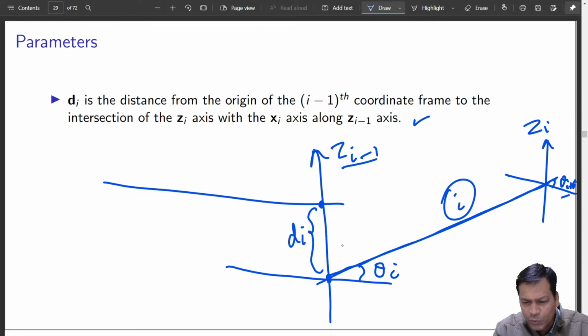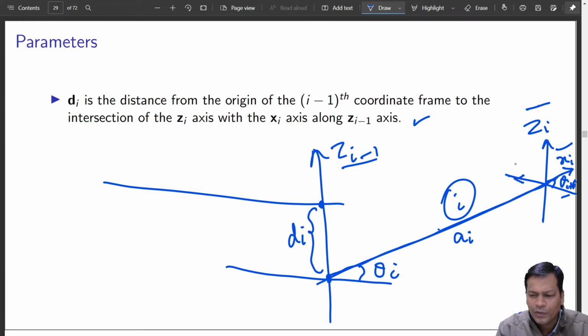The distance between two zi's, along the common normal, is the link length given by ai. Got it? Common normal, this is your x axis also. So this is your xi. So xi is here, zi is already there, yi will be z cross x. So this will be your yi, that is not very significant here.